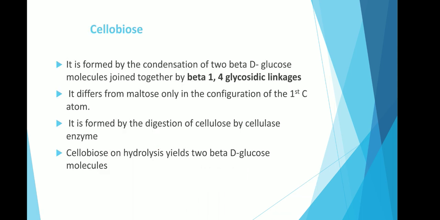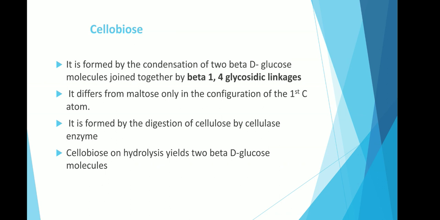So the next disaccharide is cellobiose. The two monosaccharides present in cellobiose are two beta-D-glucose. In the case of maltose, the monosaccharides are two alpha-D-glucose. I hope you know alpha and beta. Here cellobiose contains two beta-D-glucose, so the linkage is beta 1,4-glycosidic linkage.